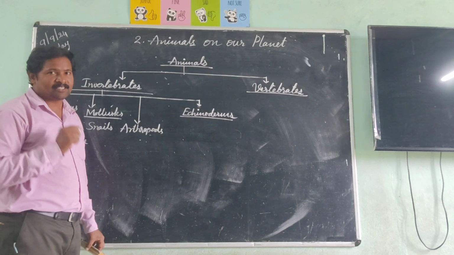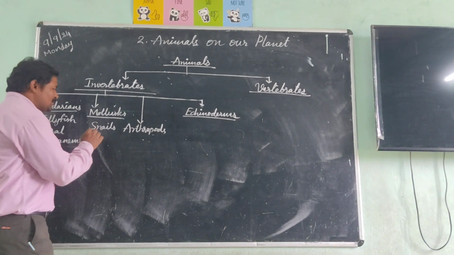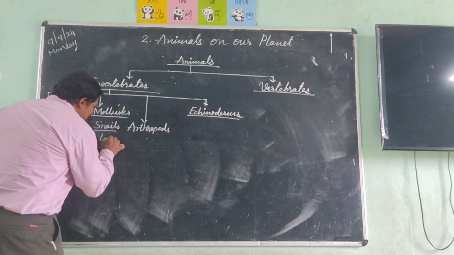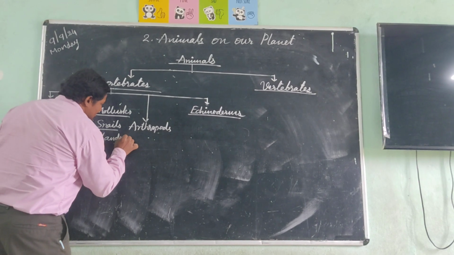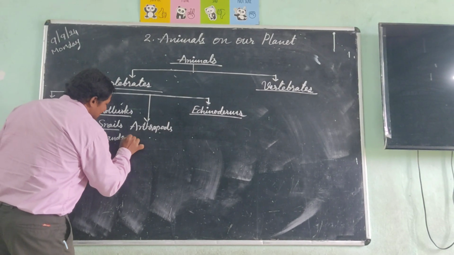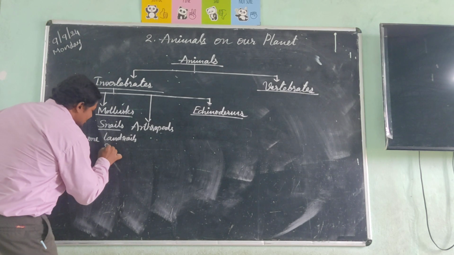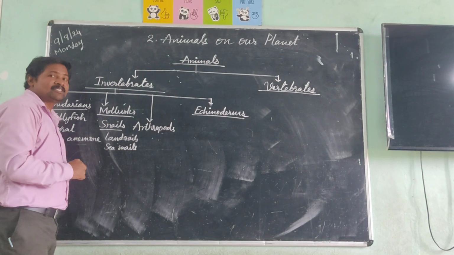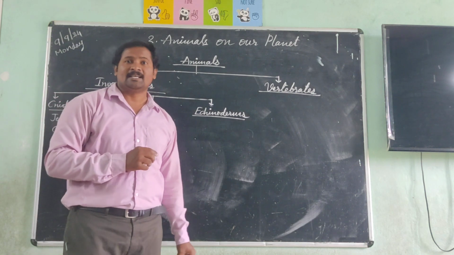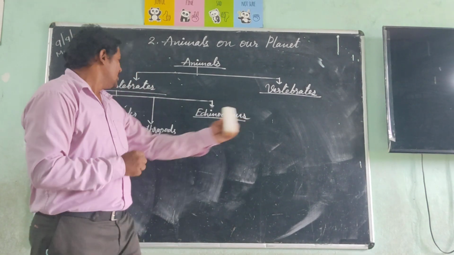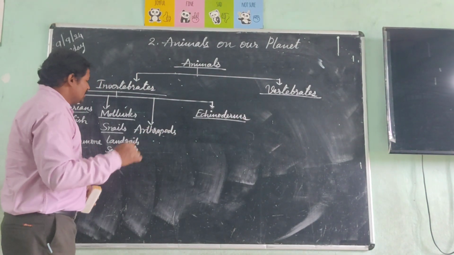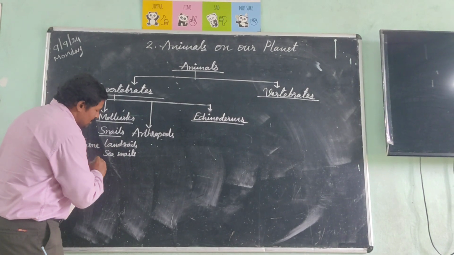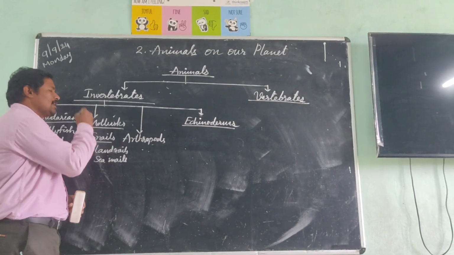Snails are again of two types: land snails and sea snails. Octopus is another example. So refer to the study book so that you will get many more examples for this mollusk.